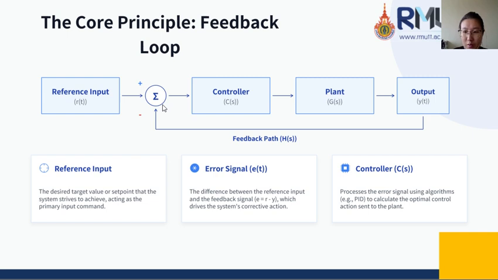It is compared to the measured output via the feedback path. The resulting error signal is processed by the controller to generate a control action for the plant, which produces a new output. It's a continuous cycle of measurement, comparison, and correction, minimizing error and ensuring stability.